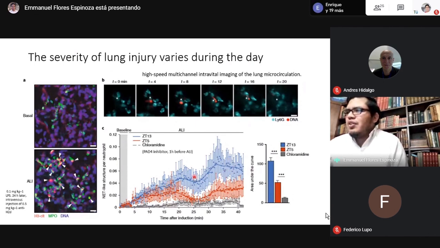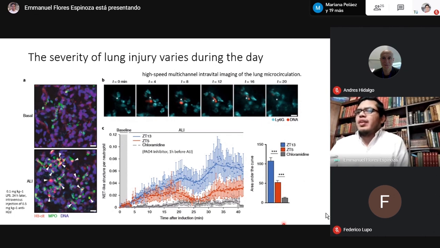When you induce this ALI in the day, we can see less NET formation. As a control, they use chloramidine, a PAD4 inhibitor that inhibits NET formation. PAD4 is a protein necessary in the process of NET formation. We can see better in this graph.